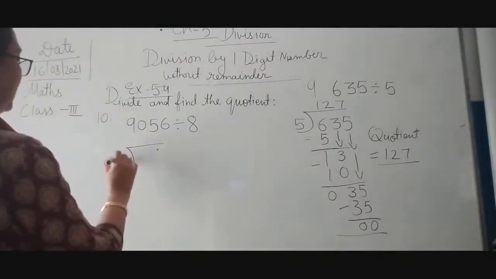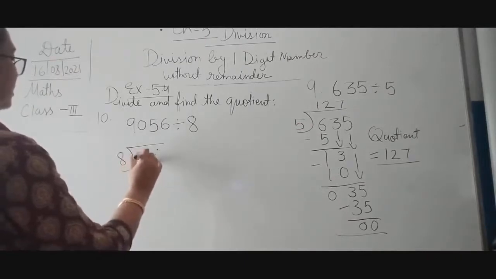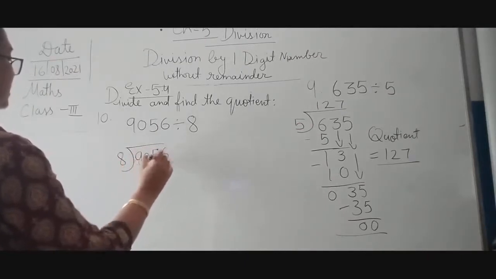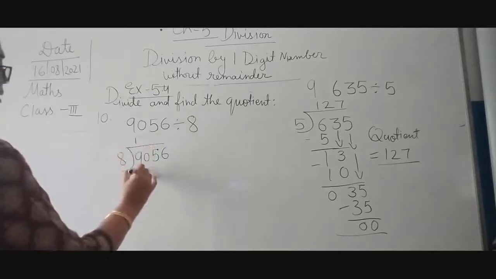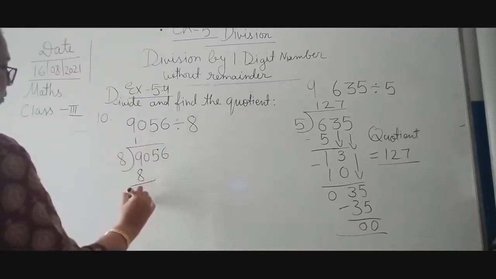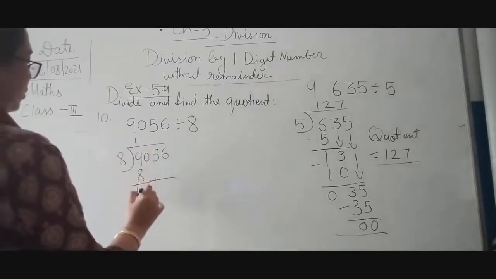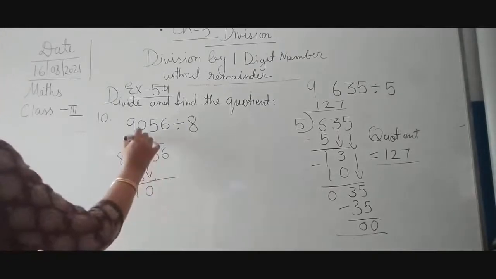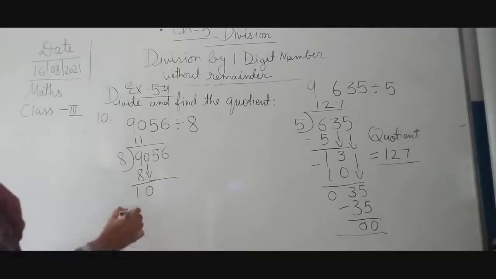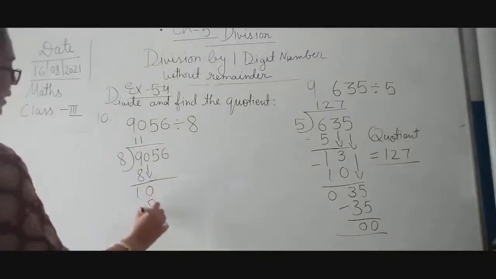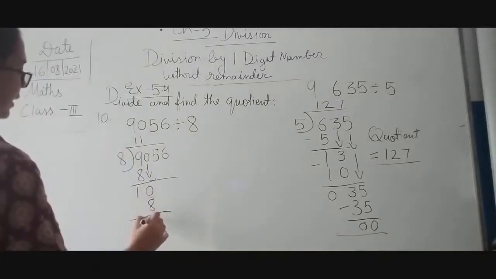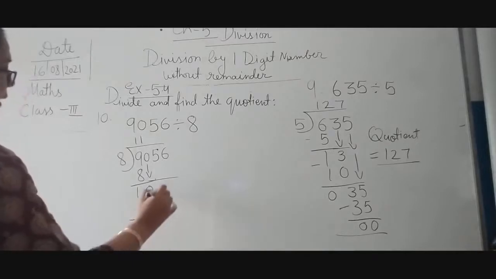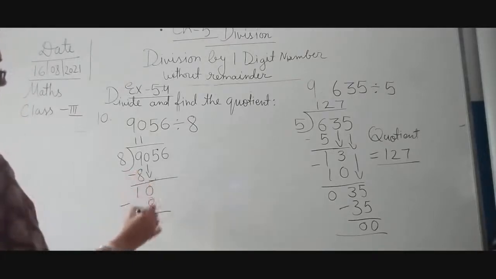Now 8 is here. 9056. So 8 ones are 8. We are getting 1 over here and we will place 10. Again 1, because when we subtract we will get 2.